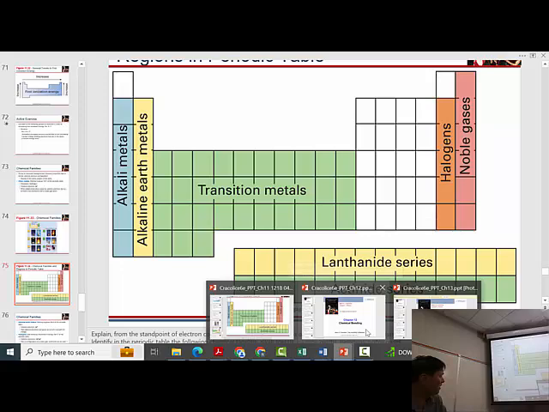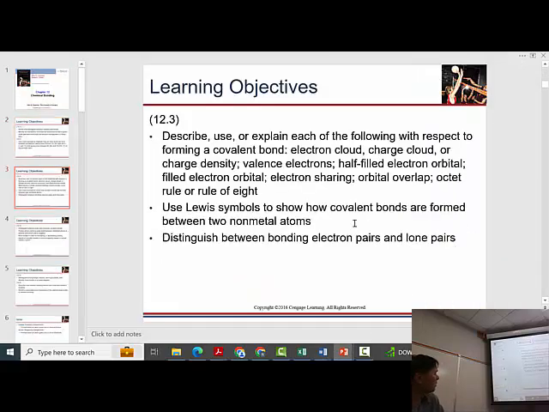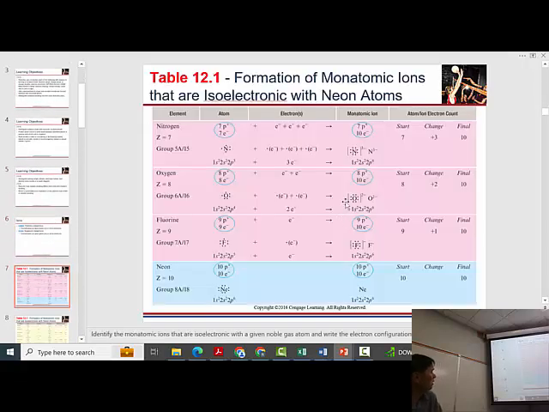So the projector wasn't working last time, so let's just take a look at chemical bonding before. What this chart is showing is just the octet rule. For example, nitrogen can either gain 3 electrons or can lose 5. Typically, losing 5 is a lot, so common charges for nitrogen are +3, +5, and -3.